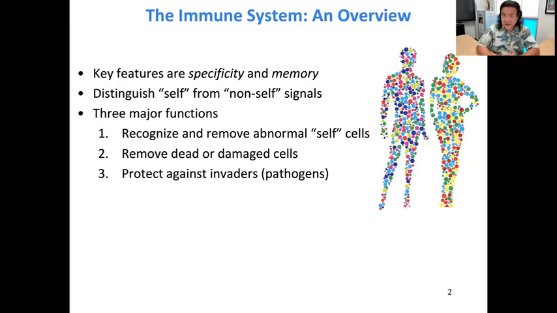A key concept in the ability of our immune system to work properly is the ability of the immune cells in our body to distinguish between certain signals that are self signals, meaning normal, everyday, different types of molecular shapes that are present as part of your body's normal functioning, right?